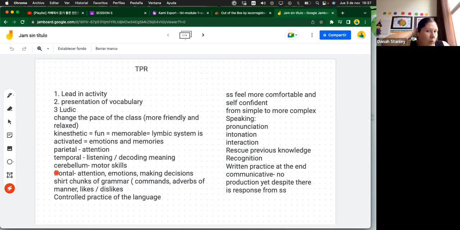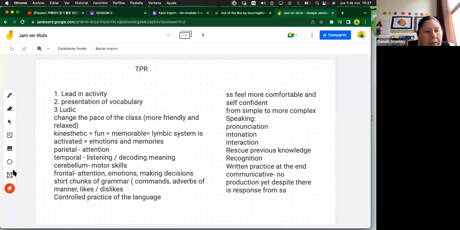In the cerebellum, they are going to be working with the motor skills. Gross motor skills. They need to jump, they need to pretend to be doing something. The frontal part is in charge of the attention, the emotions, and making decisions. For example, she said quickly or slowly, and you made decisions, left or right.